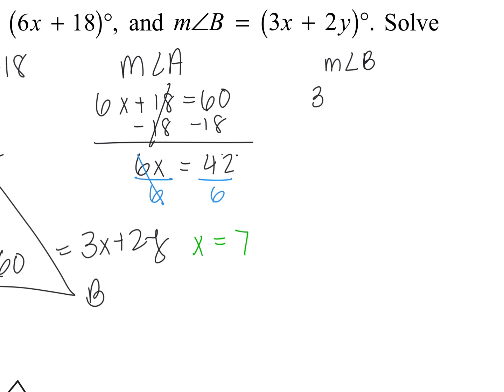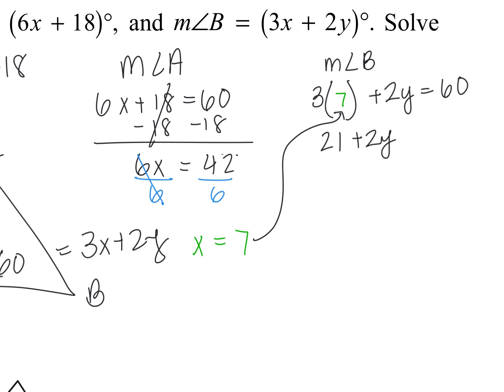I have 3 times 7. Where am I getting that 7? I'm taking the 7 and I'm plugging it in. Plus 2y equals 60. Solving it, 21 plus 2y equals 60. Subtract 21 from both sides.